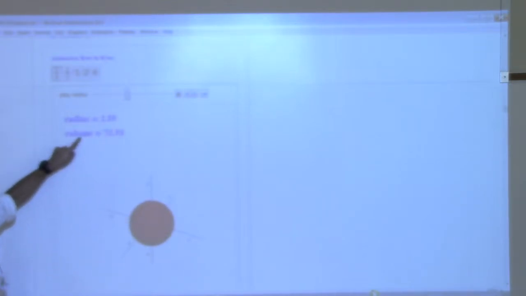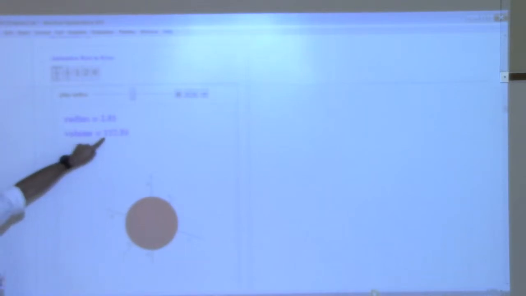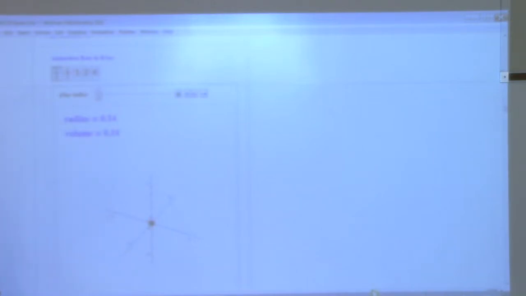And look at the volume of this thing. 100, right? 200, 300, 400, 500, 600, 700. Does it seem faster or no? Yeah? Okay. So the sphere is growing.